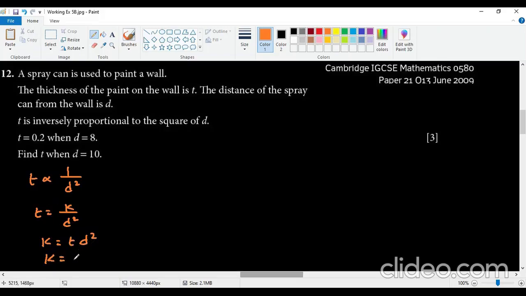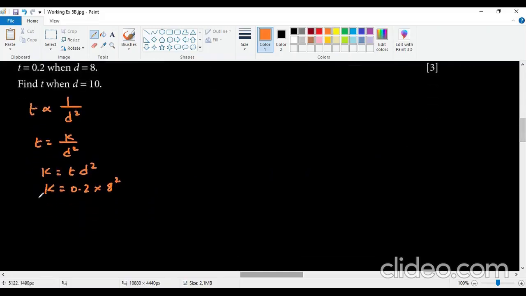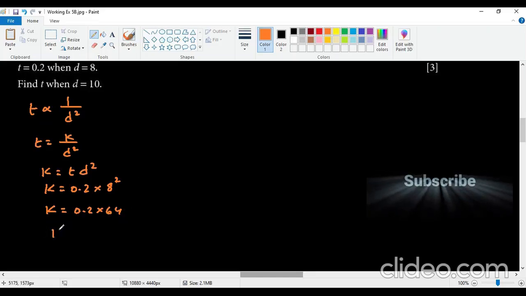T is 0.2 given in the question, and the value of D is 8 square. That means 0.2 times 64 is going to give us, when 0.2 is multiplied by 64, it's going to give us 12.8.